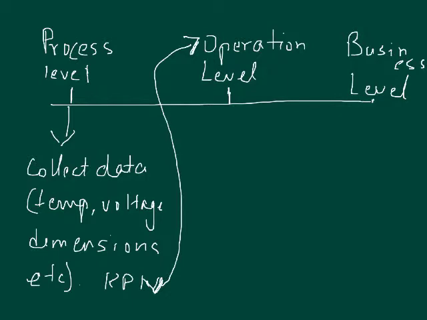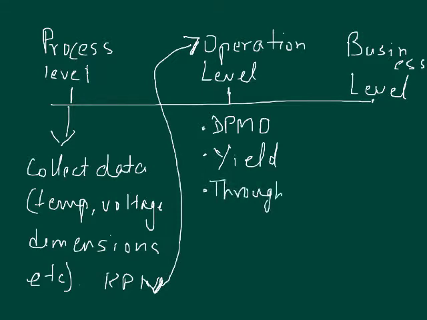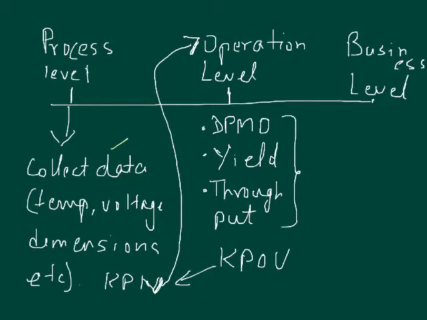Under the operation level, we look at defects per million opportunities, yield, and throughput. These become the KPOVs of the KPIVs.